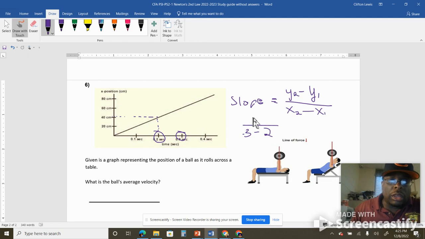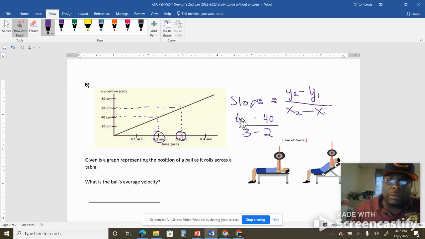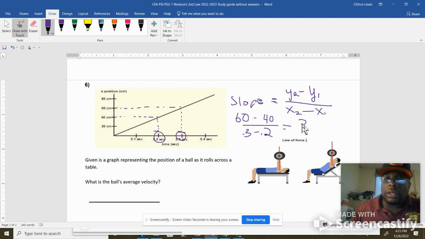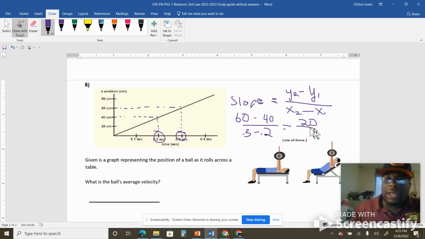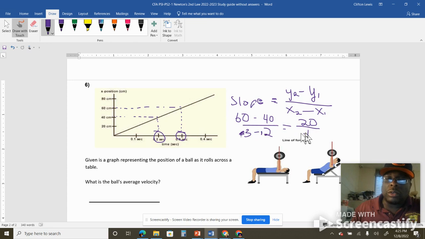And then I have that 40 on that y2, 40 centimeters minus 60. So that's 20 divided by a tenth, 0.1. The difference between 0.3 and 0.1 is 0.1.